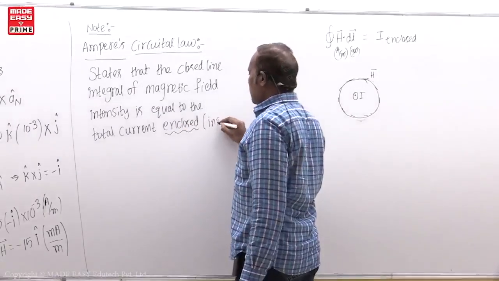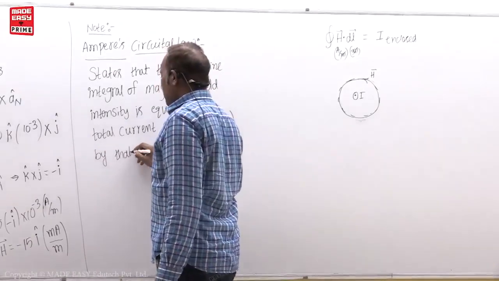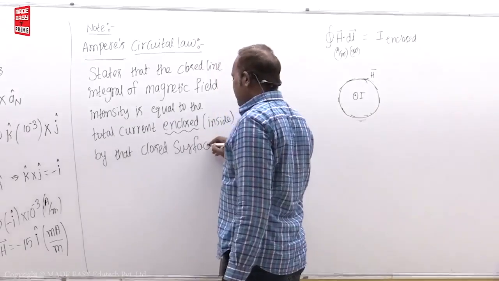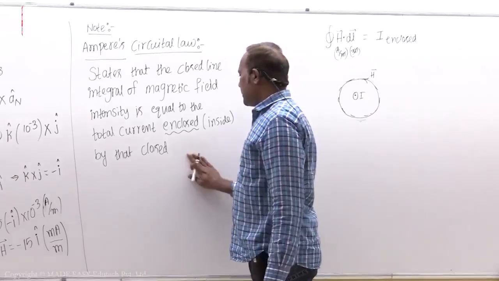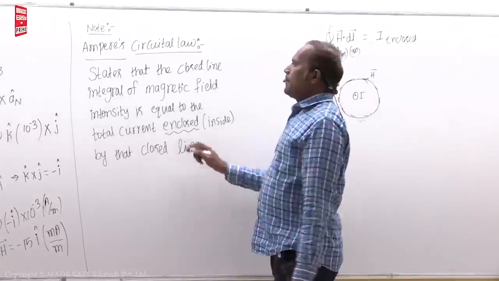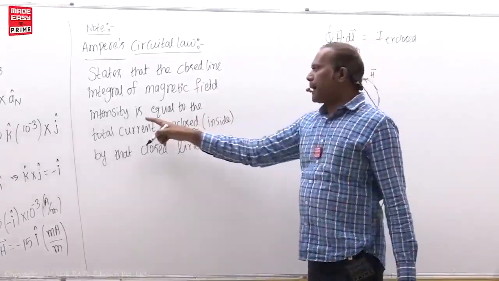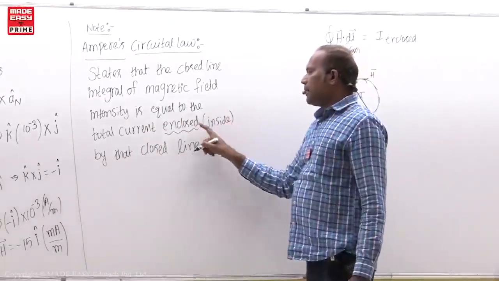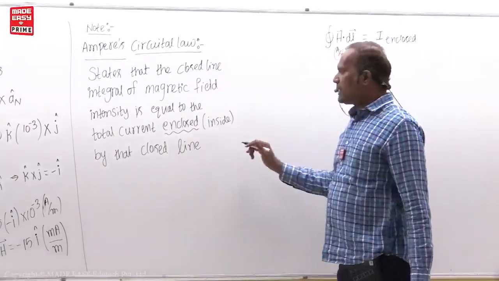Inside. So total current enclosed by that closed line, because we are dealing with closed line. So it states that the closed line integral of magnetic field intensity is equal to the total current, that is I. Enclosed means inside, total current inside this closed line. That is the statement.